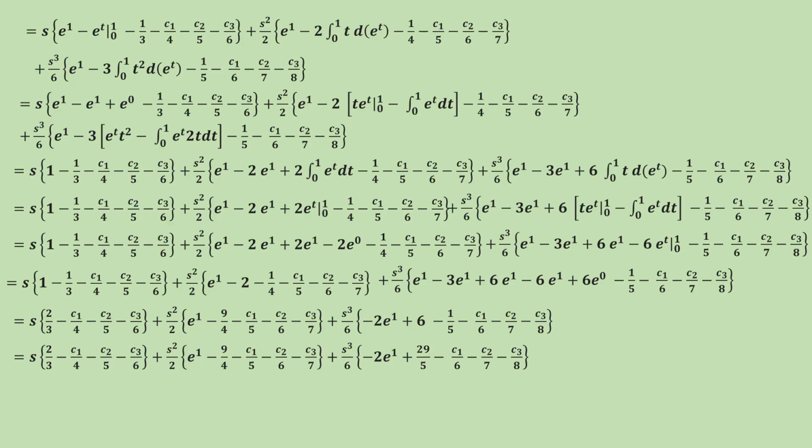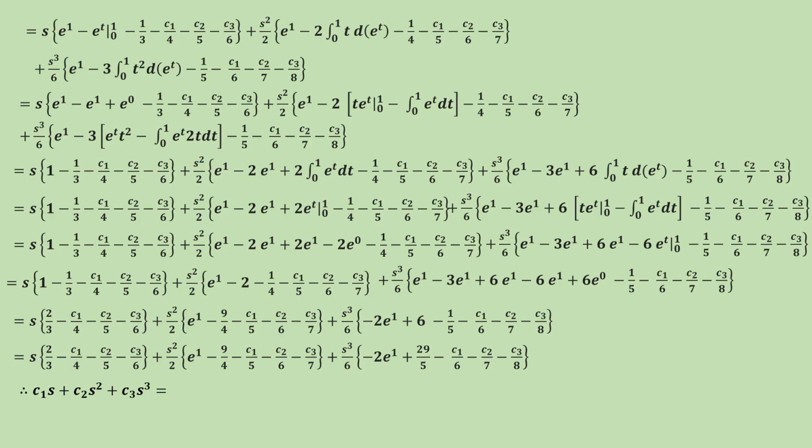That is equal to s into 2 by 3 minus c1 by 4 minus c2 by 5 minus c3 by 6 plus s square by 2 e power 1 minus 9 by 4 minus c1 by 5 minus c2 by 6 minus c3 by 7 plus s cube by 6 into minus 2 e power 1 plus 29, we are taking LCM 5 sixes are 30 minus 1, 29 by 5 minus c1 by 6 minus c2 by 7 minus c3 by 8.